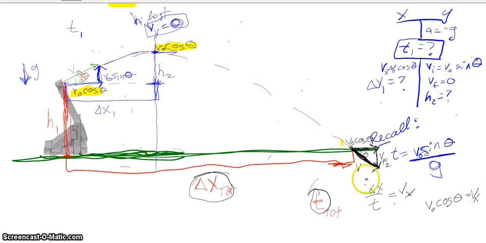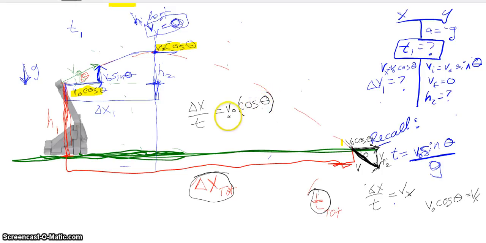So if you look at these two things together, you have delta x over time, and that's equal to v naught cosine theta. And I'm going to put this in parentheses because guess what? This you can find. Cosine is just something you plug into a spreadsheet or a calculator, and theta you've already measured.